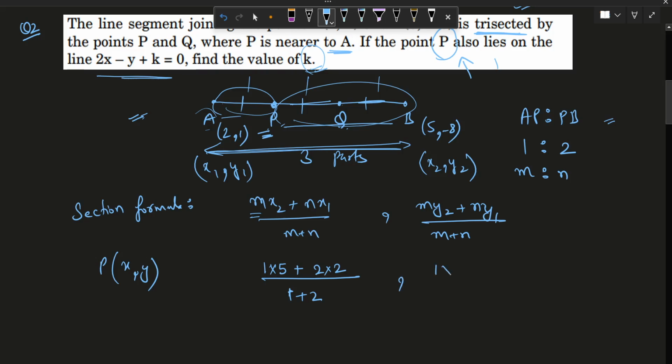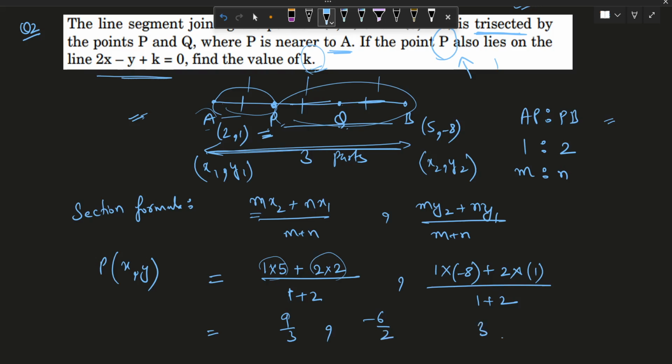Comma, m again 1, y2 is minus 8, plus n is 2, y1 is 1, over 1 plus 2. So what are you getting over here? 5 plus 4, that's 9 by 3, minus 8 plus 2 is minus 6 by 2. So the coordinates come out to be 3, minus 2.